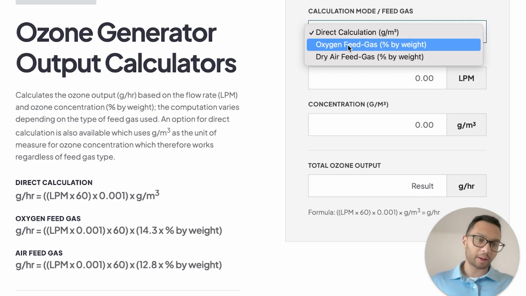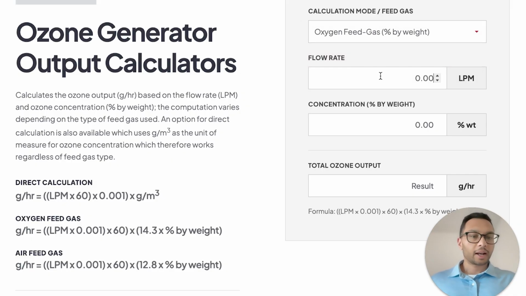So for this example, I'll recommend using the oxygen feed gas. Let's say we have a system that's going to be running 50 liters per minute of oxygen through the ozone generator. We know Pinnacle ozone generators like to work around the 8 to 12% range. So let's say it's a 10% ozone by weight that it's generating.